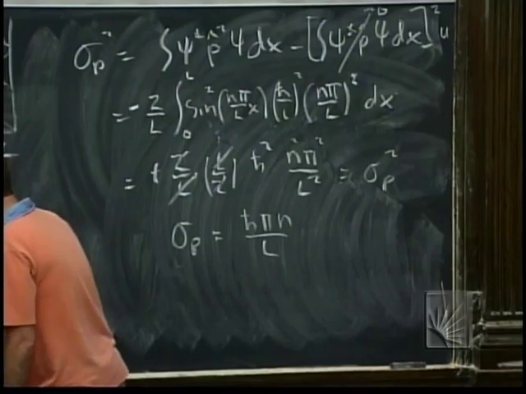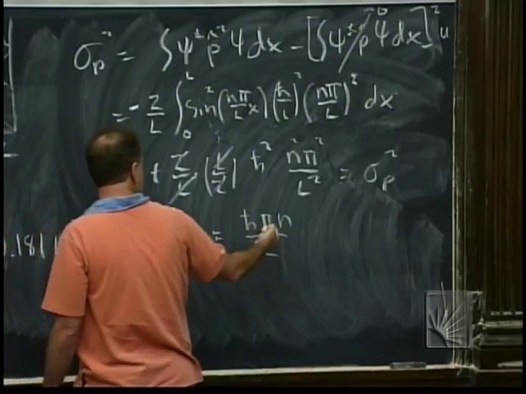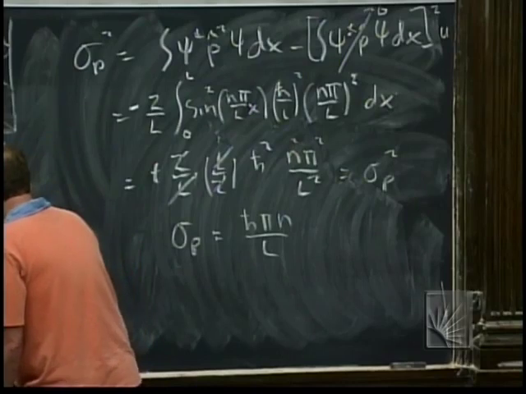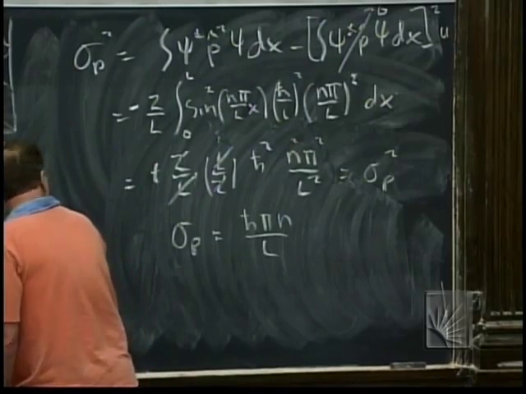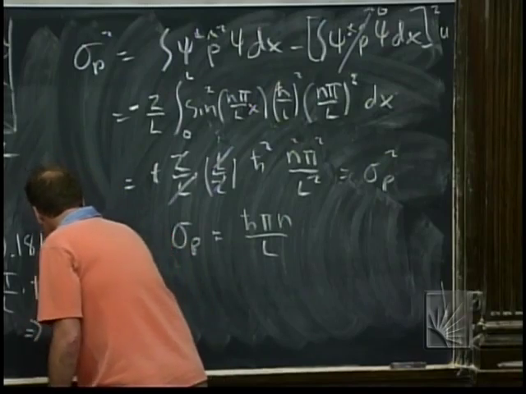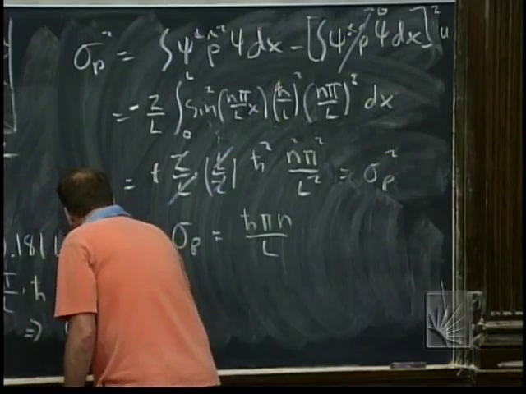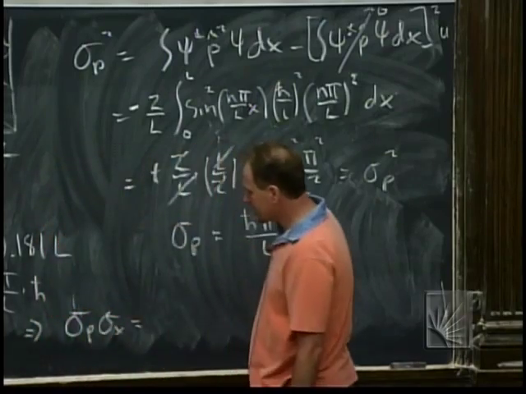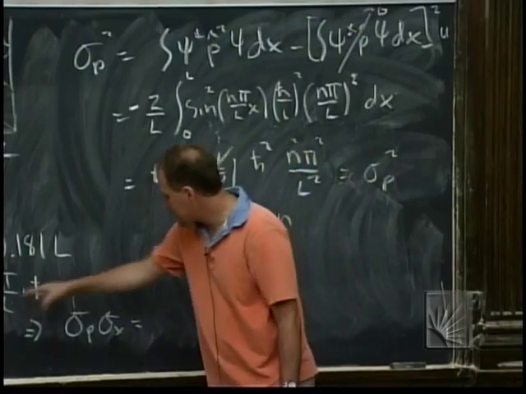And sigma p is pi over L times h bar. And so for sigma p times sigma x, the L's cancel.